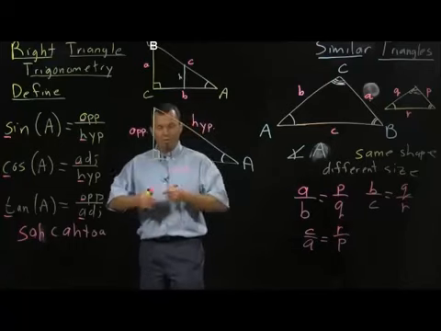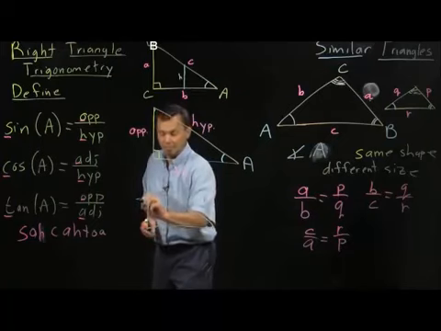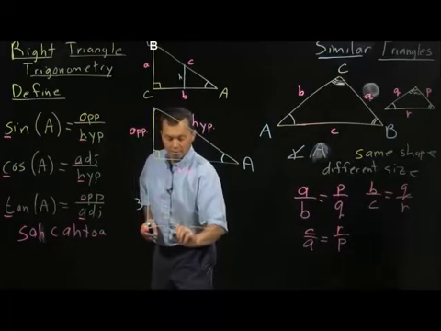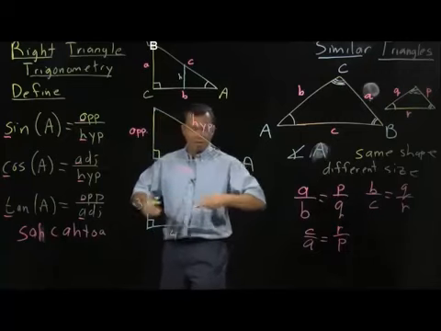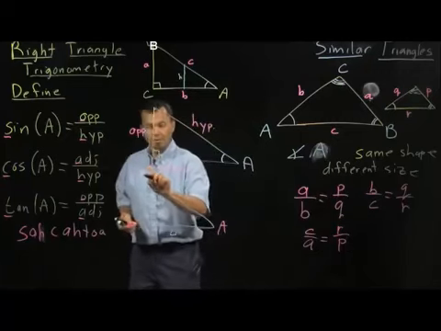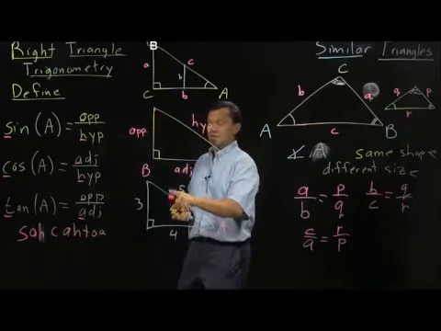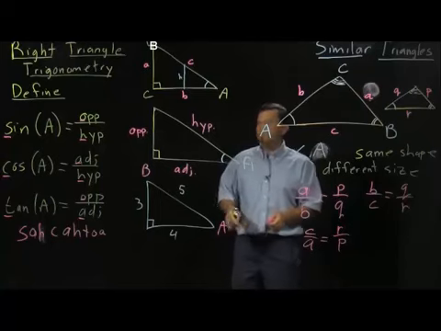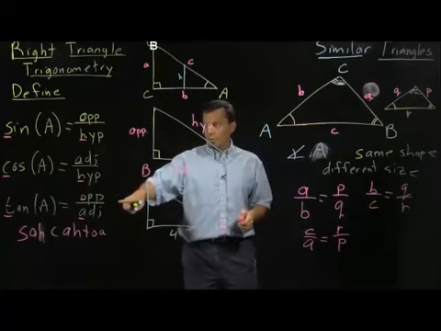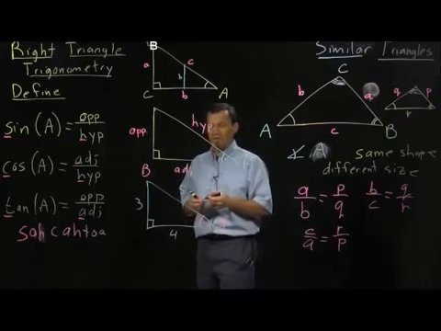Now, the big thing that we have to realize is that if we have a right triangle, and we'll pick a simple right triangle, one of the things we're going to have to talk about in the next little slide or session is when do we have a right triangle and when do we not. Okay? But we want to evaluate the sine of this angle.